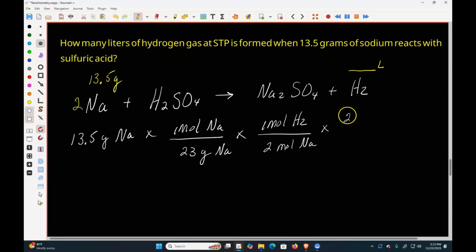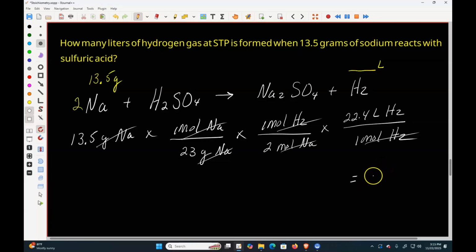And I know that 22.4 liters of hydrogen gas is equal to 1 mole of hydrogen gas. So everything cancels except liters of hydrogen. So I'm going to say 13.5 times 22.4 divided by 23 times 2. So that's going to give me 6.57 liters of hydrogen gas.